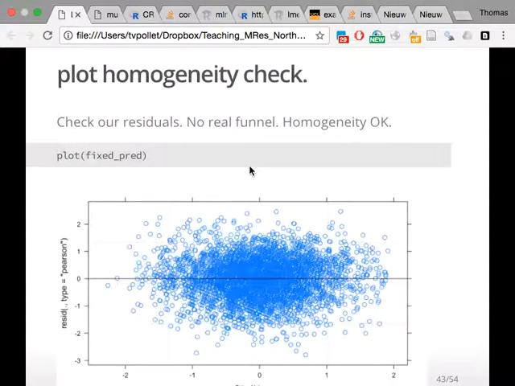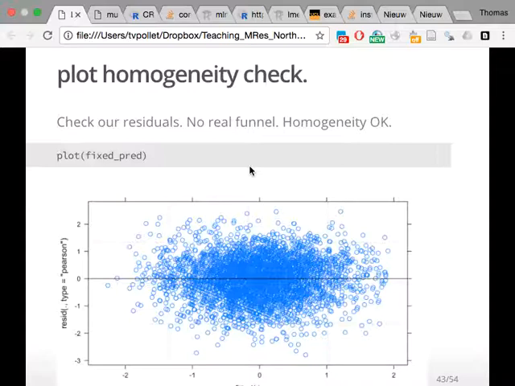We can also do a check for the residuals. Remember those funnel plots that we saw with regression. We can plot fixed predictors, and then we shouldn't see any type of pattern here. If we saw a funnel, that means that for some values we're over- or underestimating what's going on, but I don't really see a funnel here.